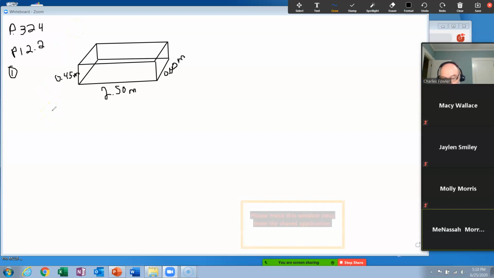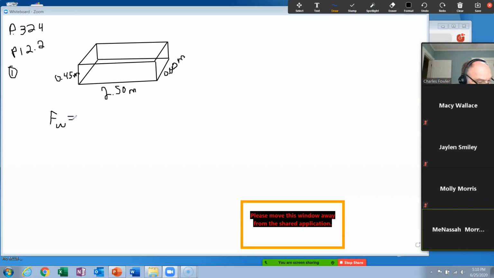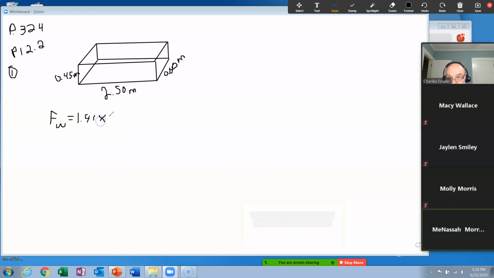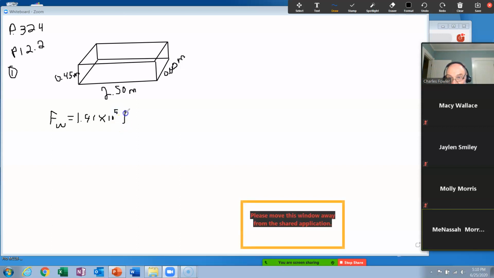So this force due to weight pulling downward on it, okay, is 1.41 times 10 to the 5th newtons. That's a force, weight going downward.